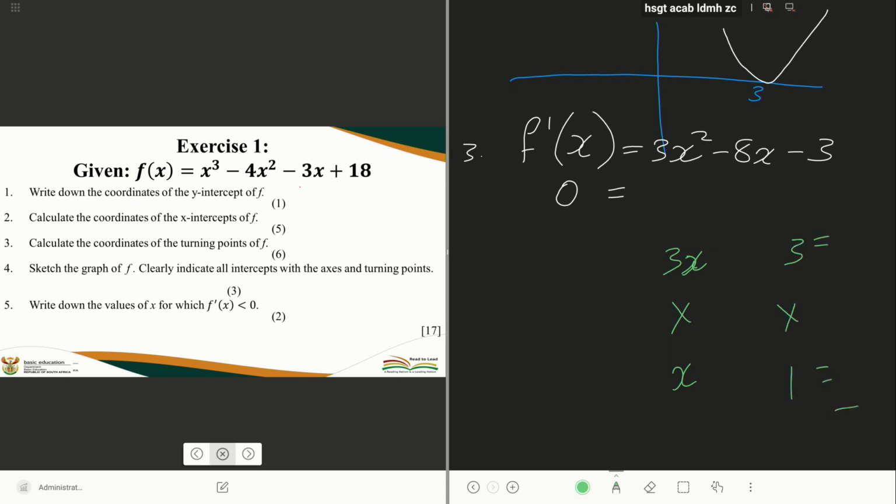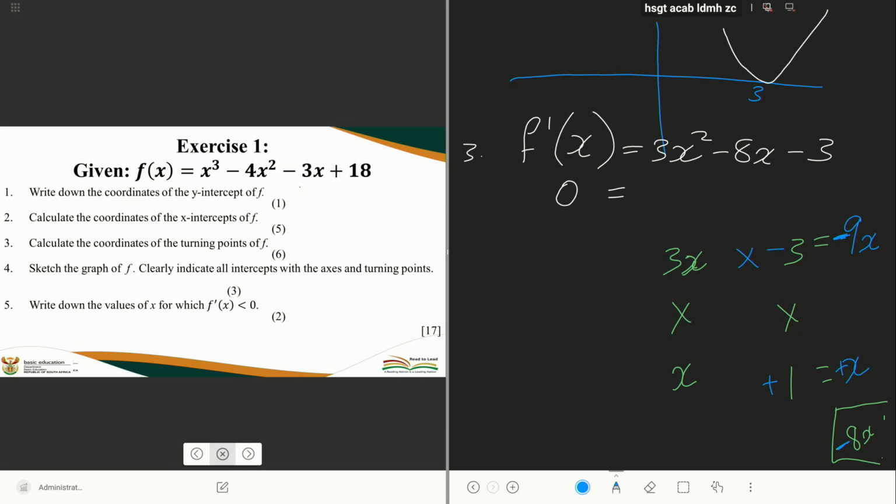Maybe I can get the negative 8x. Let me see, what do I get? I'm trying to factorize here. I have 9x, I have x. For me to get the negative 8, the bigger one must take negative. So can I put positive on the small one? Yes. So here it's going to be positive and negative there.